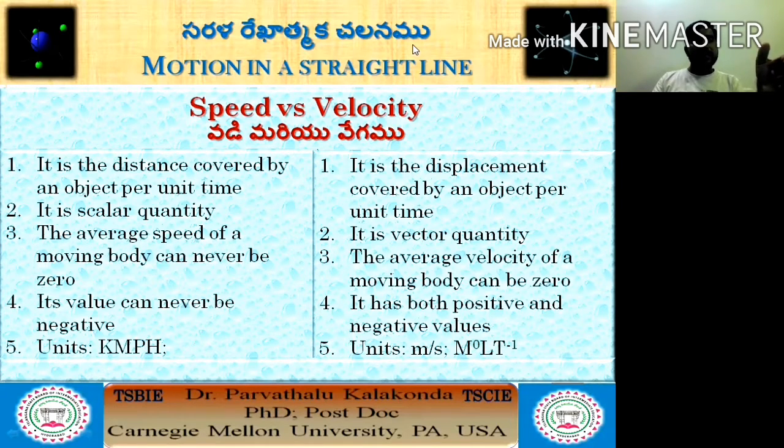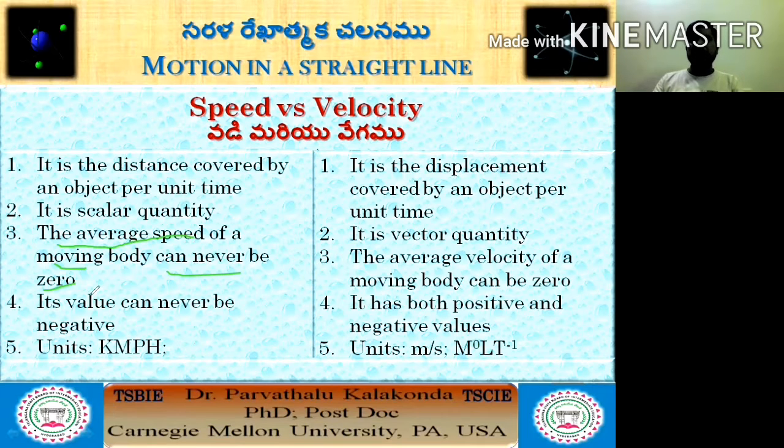Okay. So the average speed of a moving body can never be zero. Suppose you are moving from one city to another city on a bike or in a car. It should never be zero, right? Suppose నేను A నుంచి B కి వెళ్ళాను, హైదరాబాద్ నుంచి విజయవాడకి వెళ్ళాను.